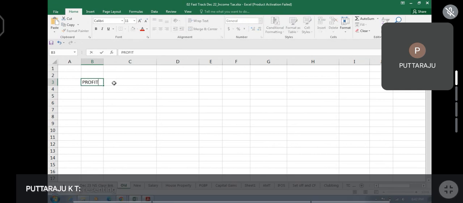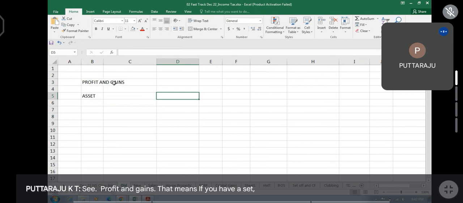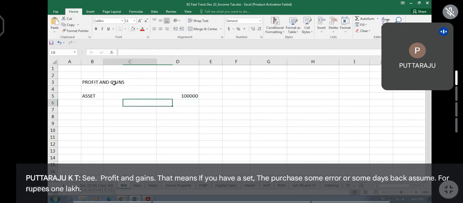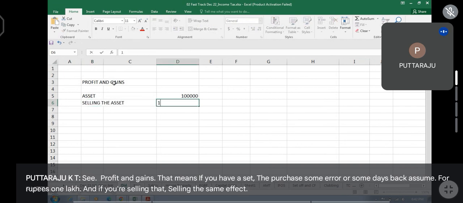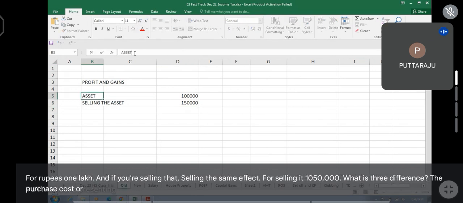See, profit and gains. That means if you have an asset, you have purchased some years or some days back, assume for rupees 1 lakh, and you are selling the same asset at 1,50,000. What is the difference from the purchase cost or purchase price? 50,000.